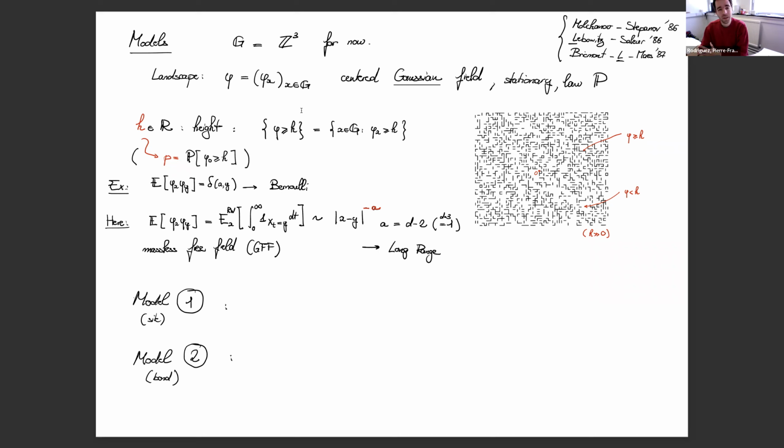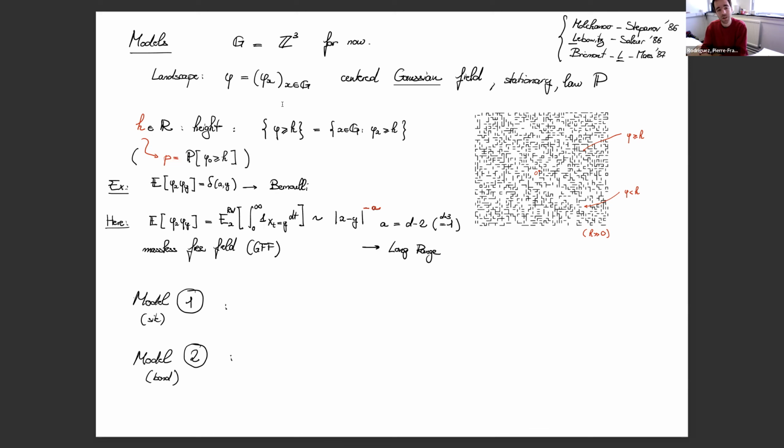Of course, the simplest model is if you take uncorrelated Gaussians sitting at every vertex, and then you just have the usual Bernoulli site percolation model. But here we want to do something rather different, and what I'm going to look at is a different landscape, which is called the Gaussian free field. This is characterized by saying that correlations are given by the Green's function of the simple random walk on the graph.